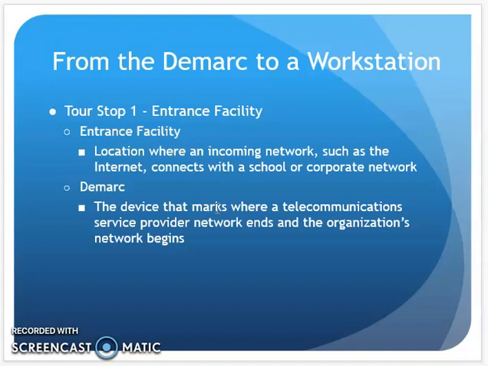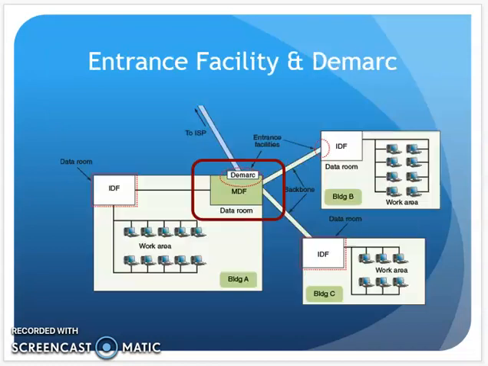And they're like, okay, well, if it's on this half, it's our responsibility. If it's on the other half or inside your house, it's your responsibility. The same is true for a business. That Demarc marks where the ISP provider responsibility ends and yours begins. So where that entrance facility is, there's usually a Demarc device.